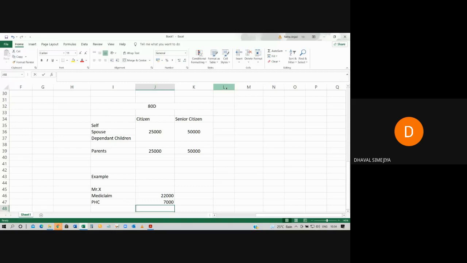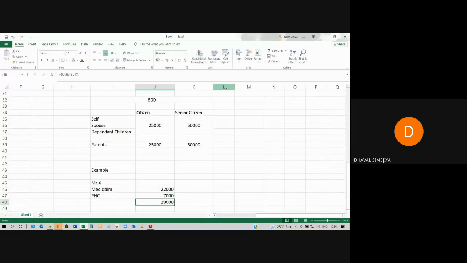What is the total? 29,000. Maximum benefit available is 25,000. So here it will be available to the extent of 20,000 rupees, and here it will be available to the extent of 5,000 rupees. So maximum benefit available is 25,000 rupees.